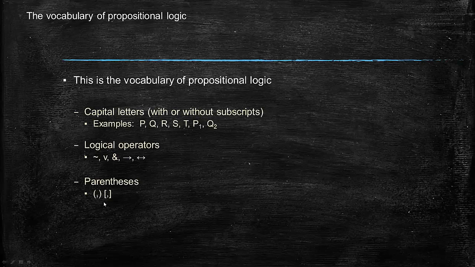Now, these square brackets I've written here aren't really technically allowed. They're not part of the language, but sometimes we just use them informally because formulas get complicated and visually sort of hard to see. So they're not mentioned in the book as an allowable part of the vocabulary, but we might use them sometimes.